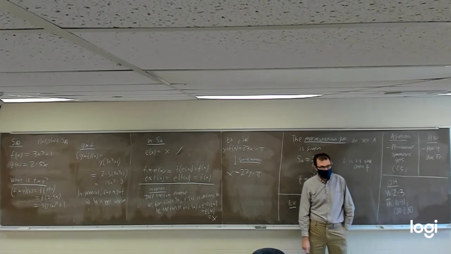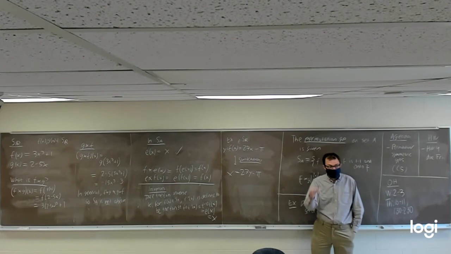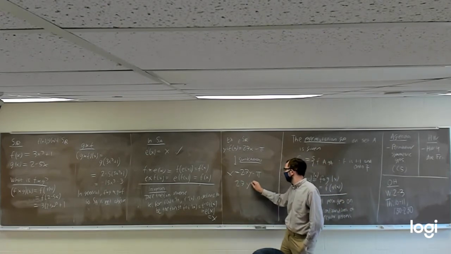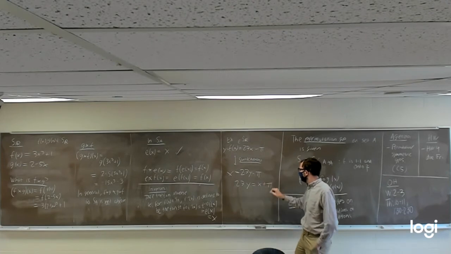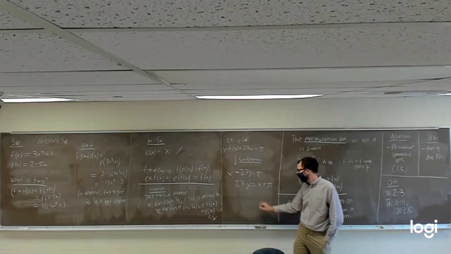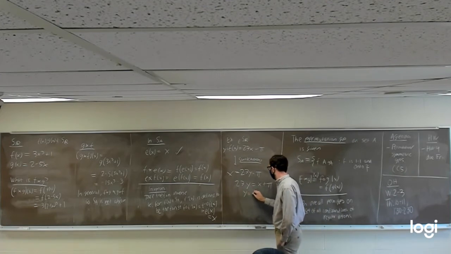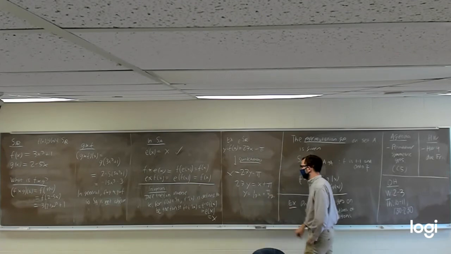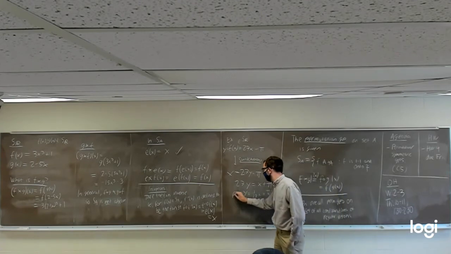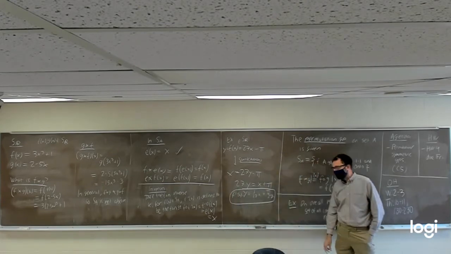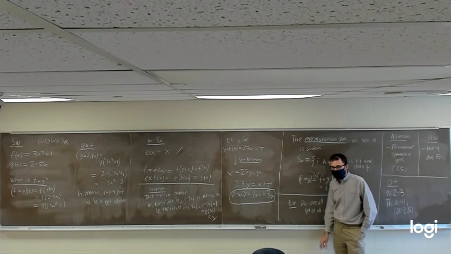Add pi to both sides. Divide by 27. And this is going to be the formula for our inverse function. It's going to be 1/27 x plus pi over 27.